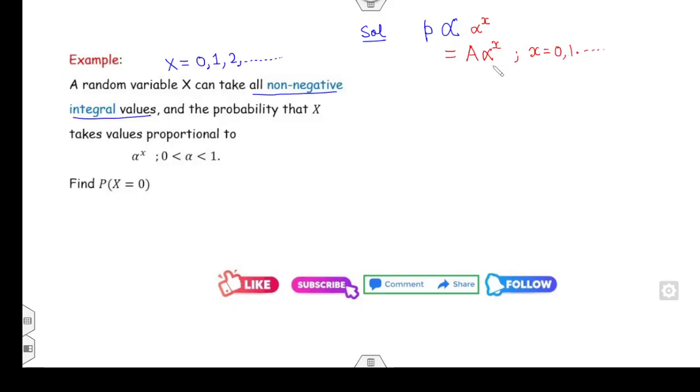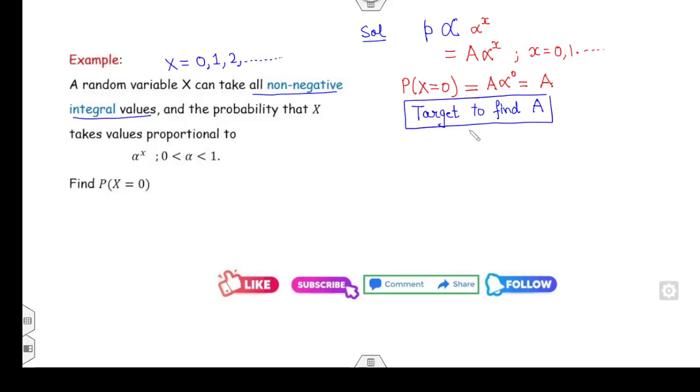Then your target is to find the probability at x equal to 0. If you substitute x equal to 0, it is a into alpha raised to power 0, that is a. So what is your target? Your target is to find the value of a.